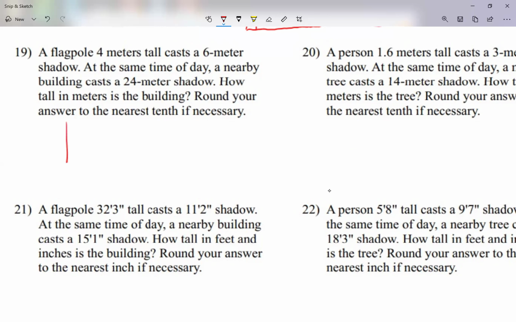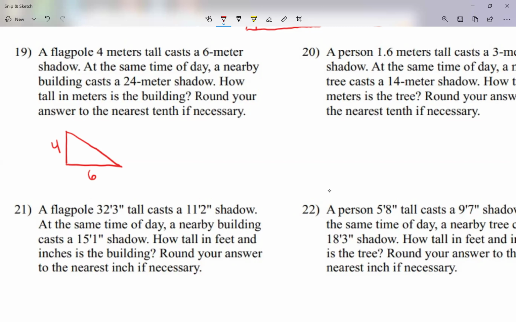The height of the flagpole is 4 meters. Let me do my flagpole a little bit smaller. The flagpole is 4 meters tall, and the shadow of the pole is 6 meters. And then just to make a triangle, I'm going to complete this third side. I don't know what the third side is, but I don't need to know it either.